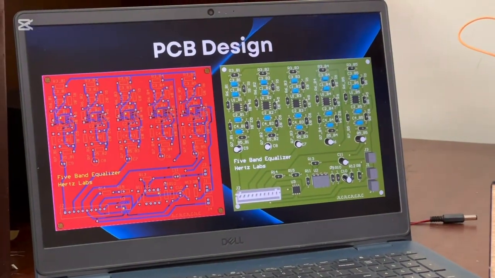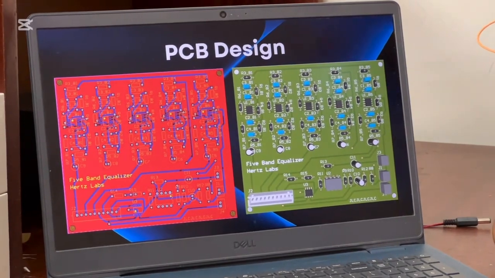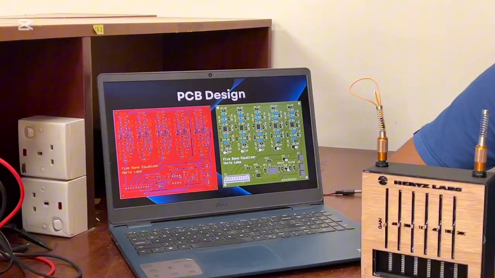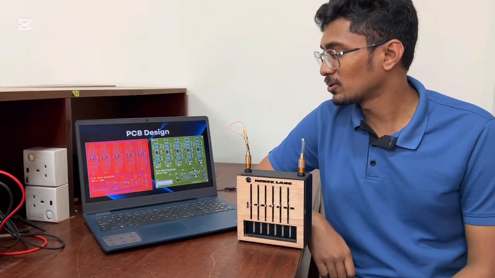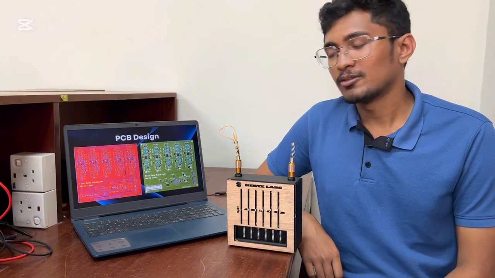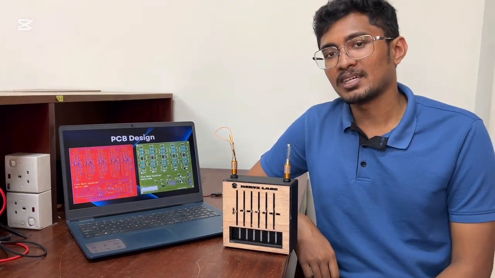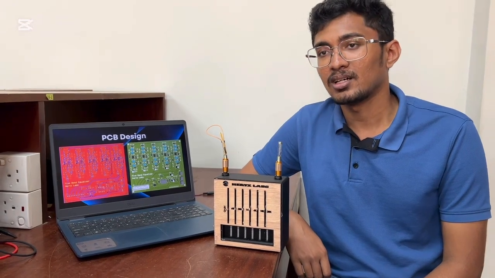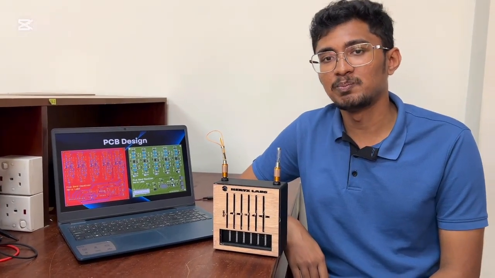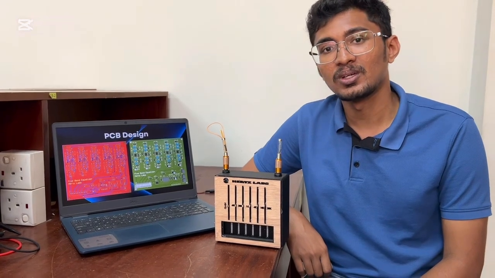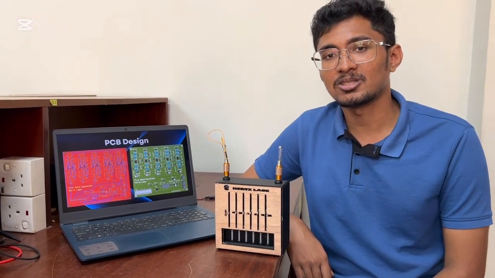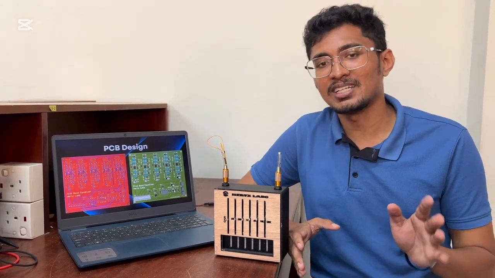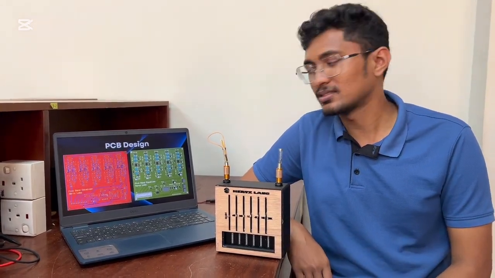Yes, the PCB design. The PCB design was done to minimize the noise effects from the background, and we have also tried to replicate each filter band in the same way, so that it has a pleasing look and also avoids the distortions that can happen with varying degrees.